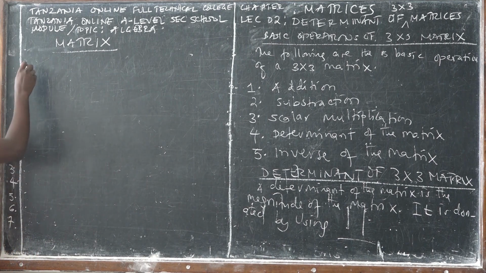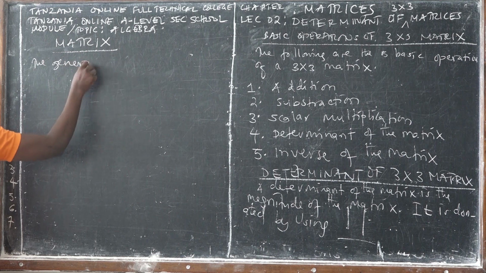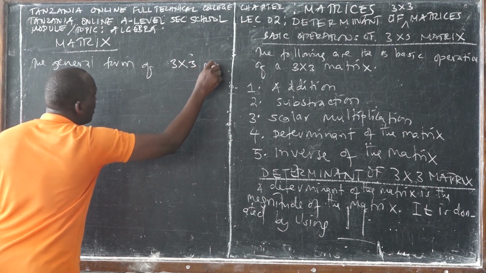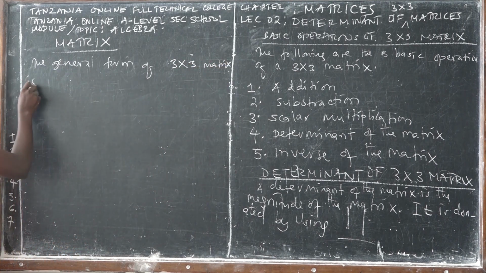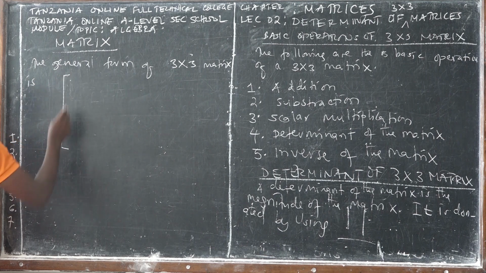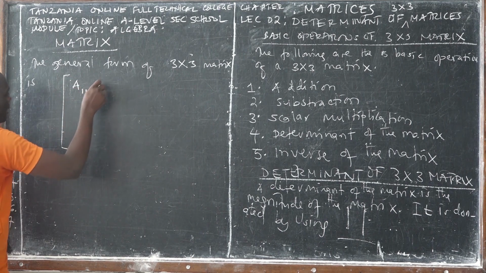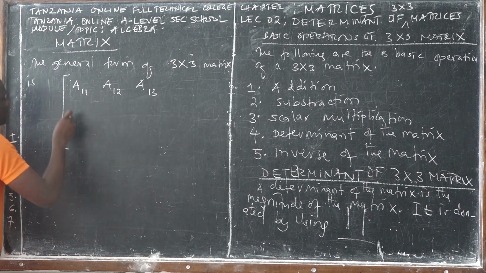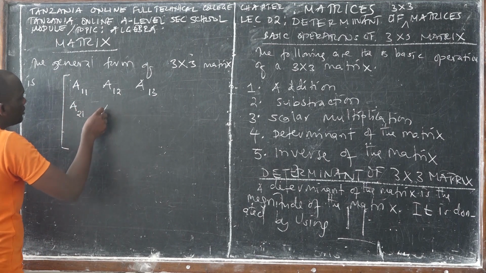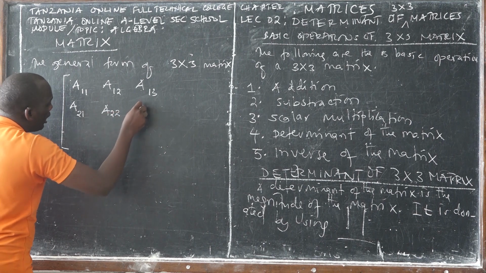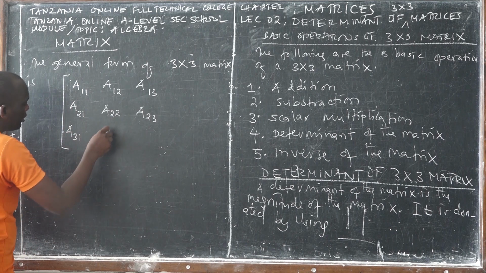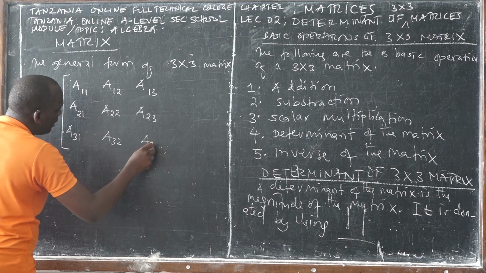So if that's the case, the general form of a 3 by 3 matrix is this one: A11, A12, A13, A21, A22, A23, A31, A32, A33.